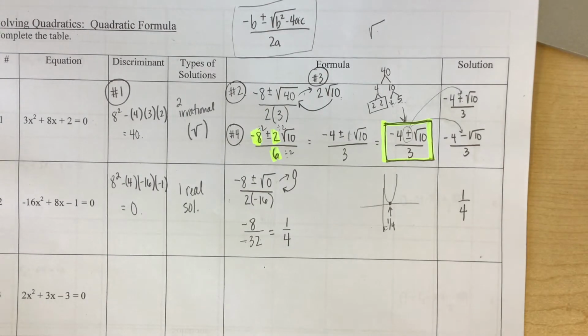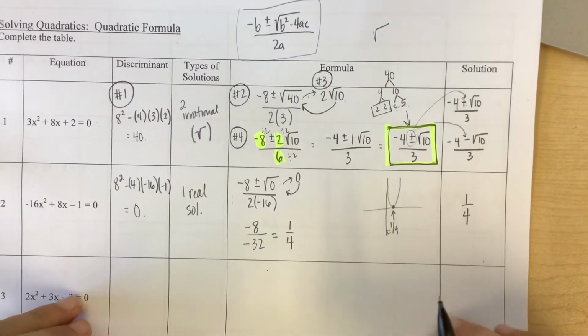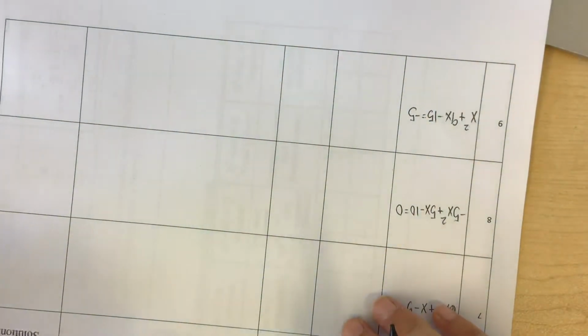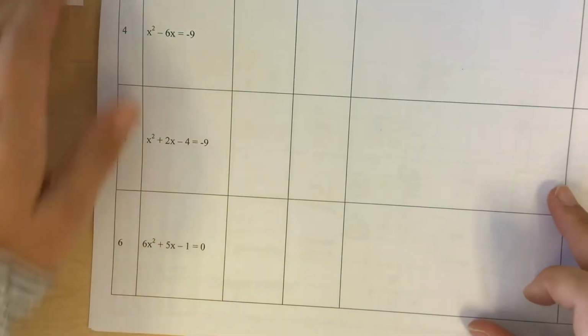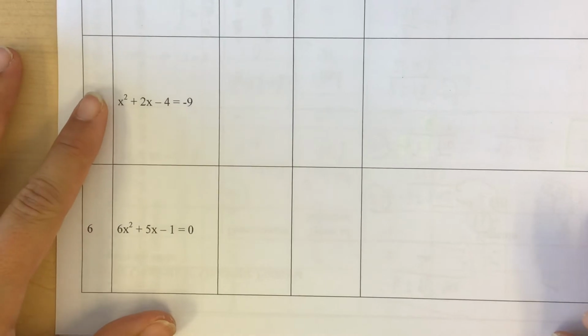I want you to look at problem number 6. So flip over to problem number 6. Here we go. All right, so problem number 6. So same process, still working the same thing. All right, so start with our discriminant.